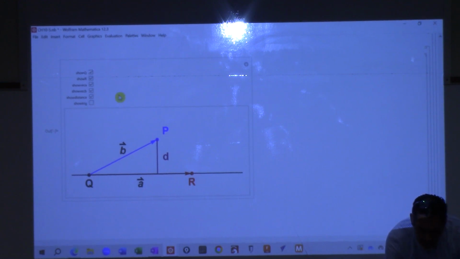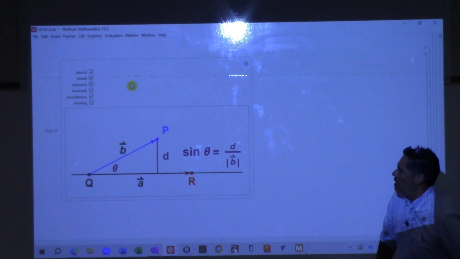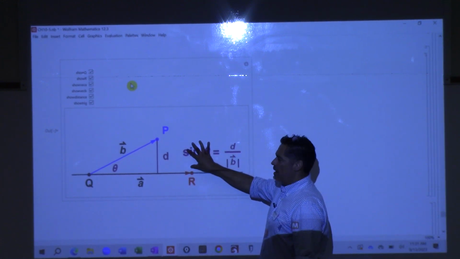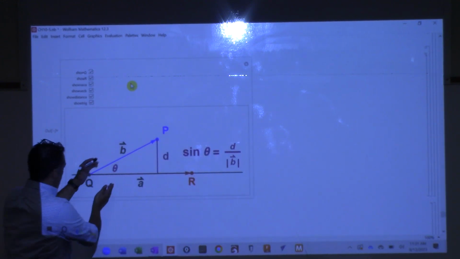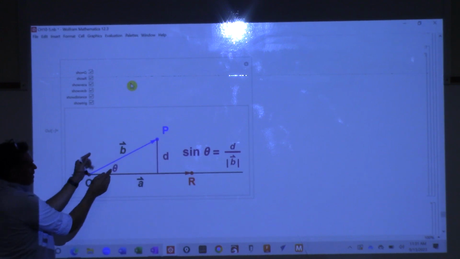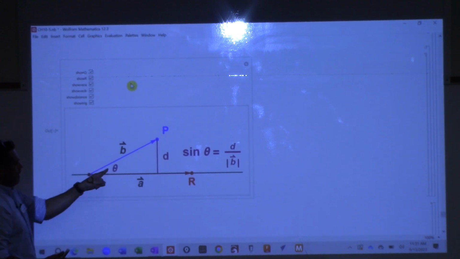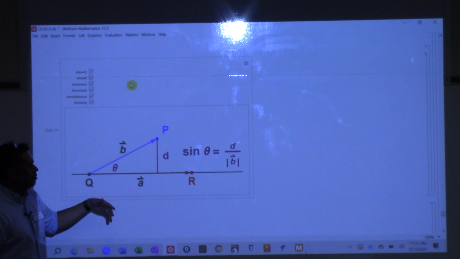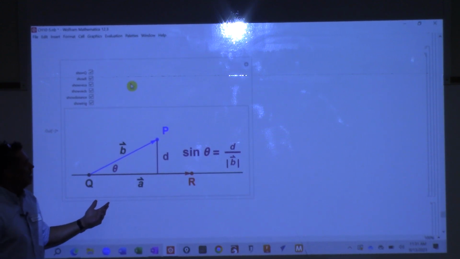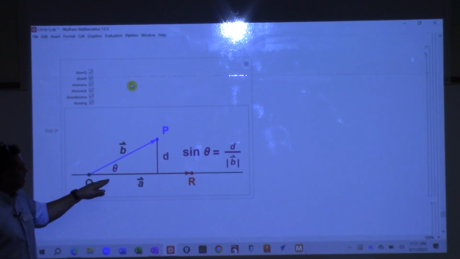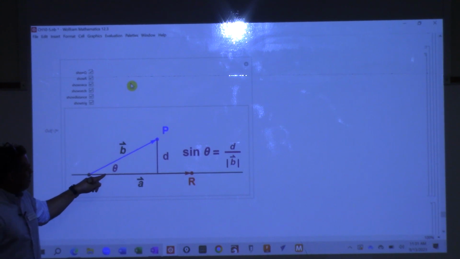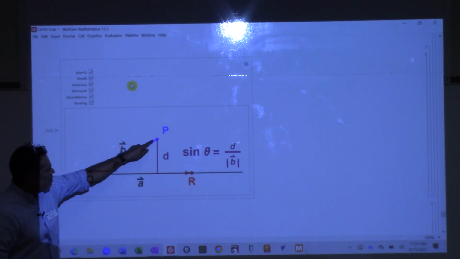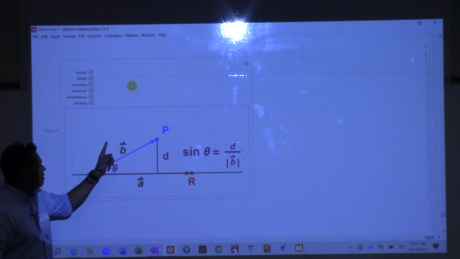And I'm going to realize that this is true: when I create this vector from here to here, I create an angle. And if I create this angle, which we'll call theta, just by basic properties of right triangles, on this right triangle we have sine of theta is opposite over hypotenuse.